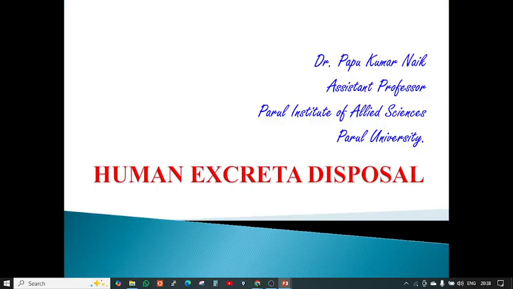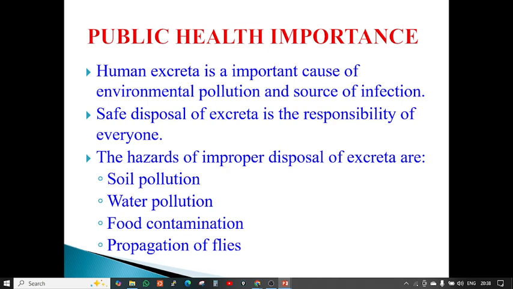Now another thing is human excreta disposal. Whenever we eat something, we release our excreta every morning in the form of stool and dispose of it through our sanitary facility, let's say a drainage, latrine or septic tank.